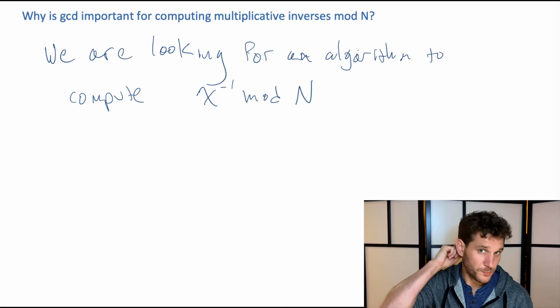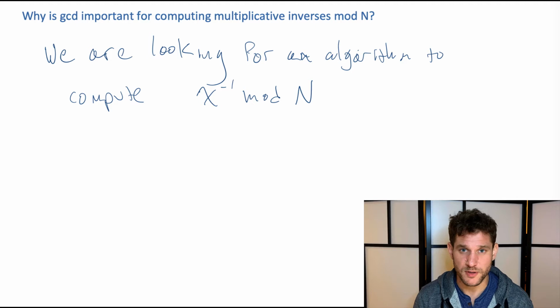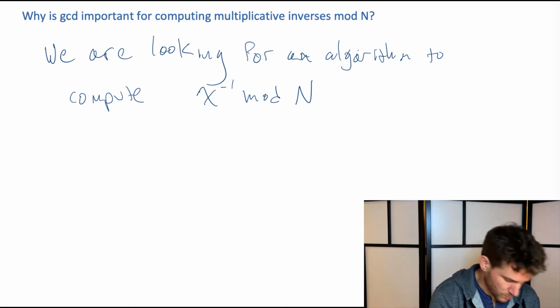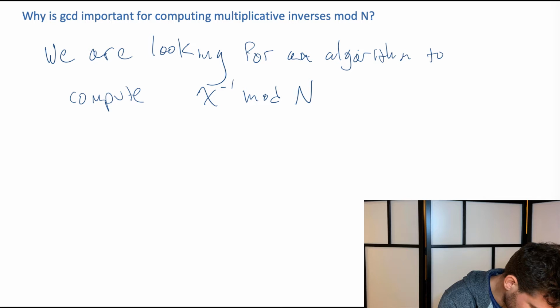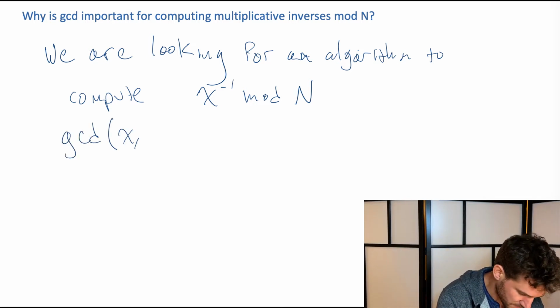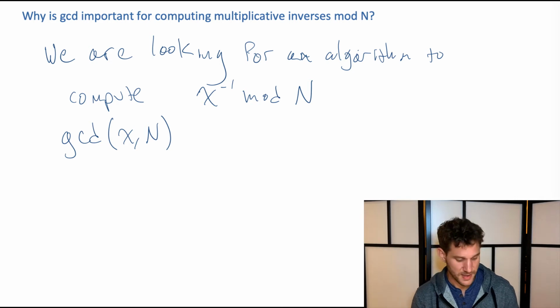Okay, important question. Why am I so interested in computing the GCD of x and y? Why is that important for getting multiplicative inverses mod n? That's a good question. If we can compute the GCD of, let's say, x and n, here I'm looking to get x inverse mod n, the multiplicative inverse of x mod n.